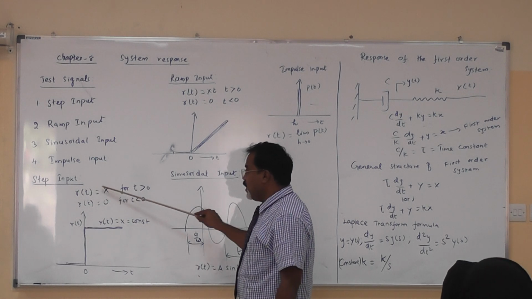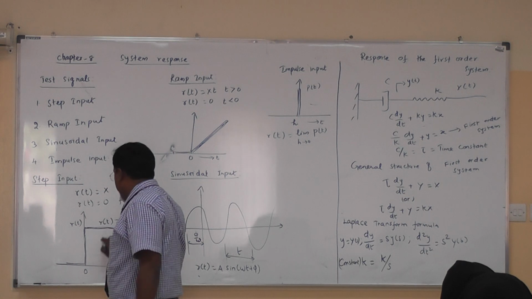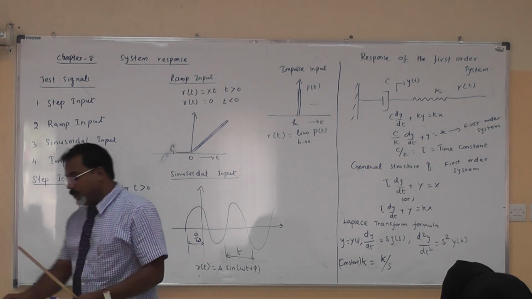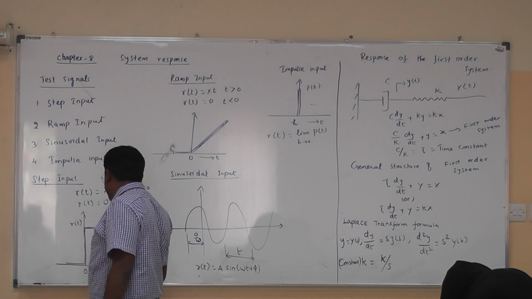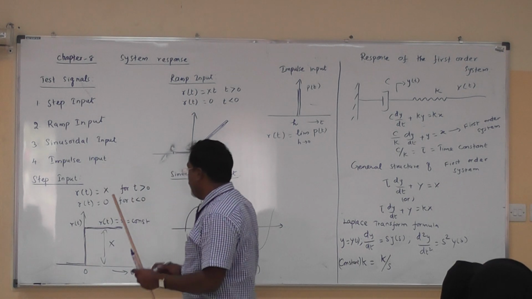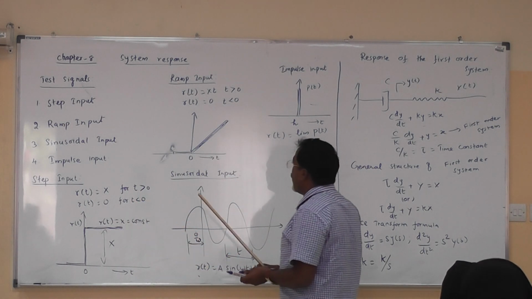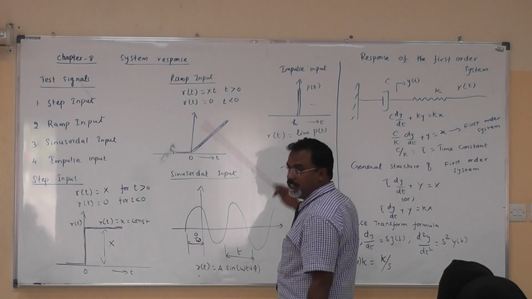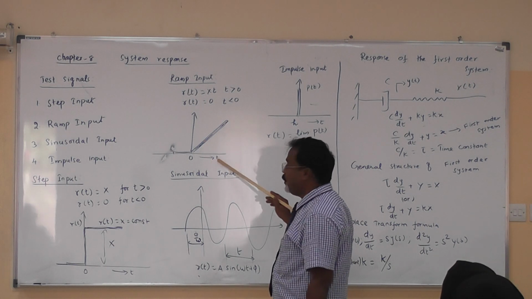R of t equals x, where x is a constant, for t greater than or equal to 0. If t is less than 0, R of t equals 0. The ramp input means it is constantly increasing based on time, a linear relation between amplitude and time.